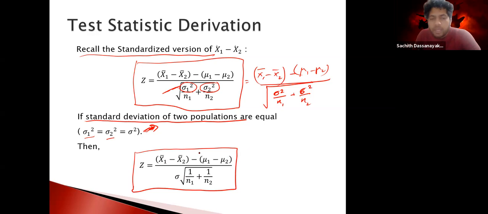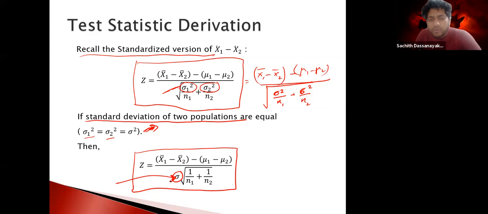But the thing is, this sigma you still don't know, because in this case sigma is unknown. So still we have a problem. Although we simplified it like this, we don't know this sigma yet. Since this is a t statistic or t test, you know what to do.